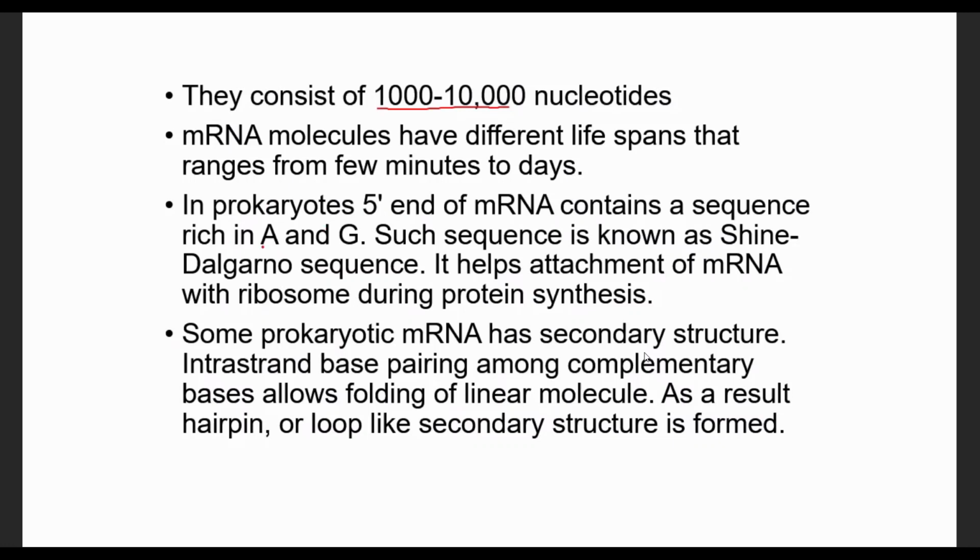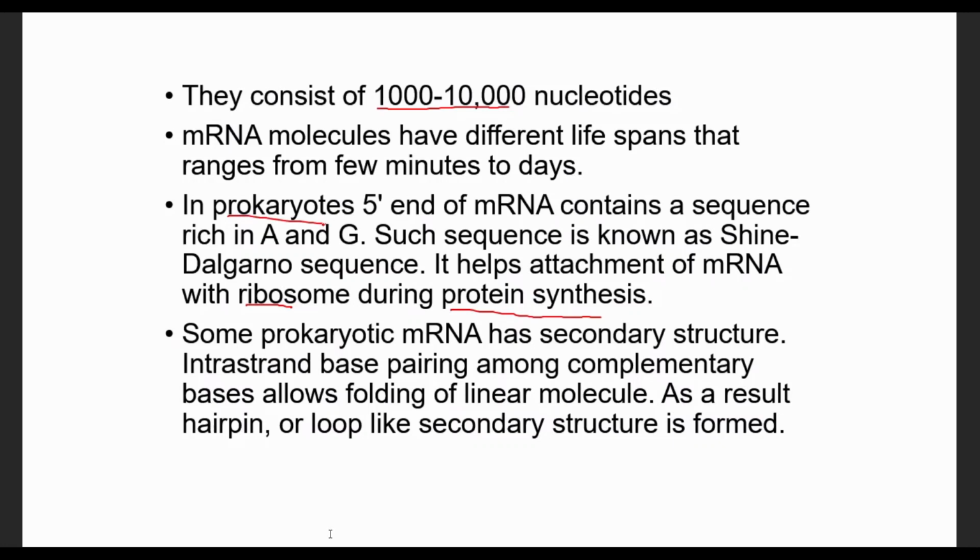In the prokaryotic cell, the 5' end of messenger RNA sequence contains an AG-rich region, an adenine guanine rich region. We call it the Shine-Dalgarno sequence, and this is important for initiation of protein synthesis. It will be used for the attachment of the ribosome with messenger RNA. As a result, there is initiation of protein synthesis. This is for the prokaryotic cell.